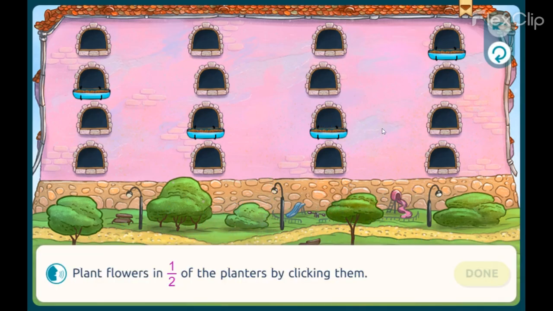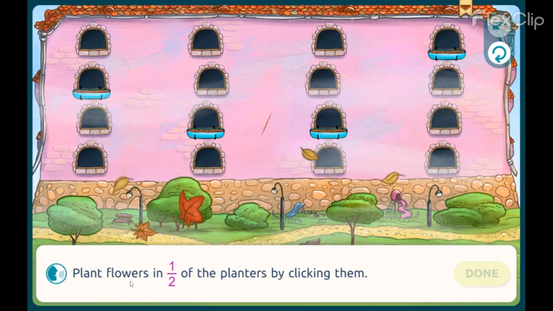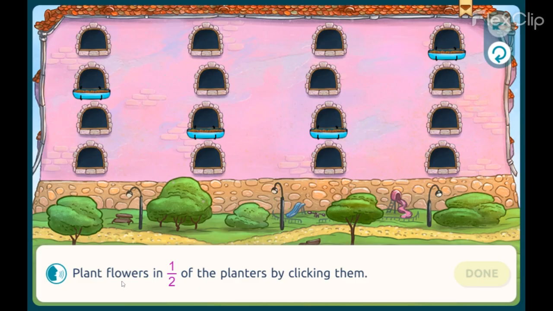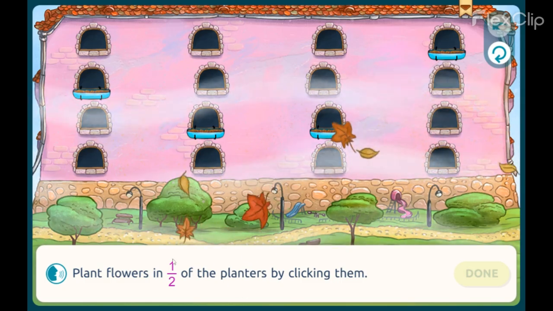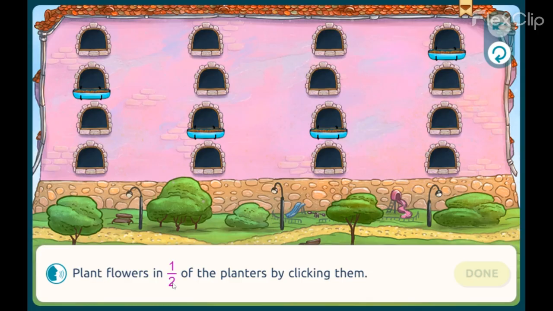All right, 2 more activities to go. Flowers and planters. We have 2 main characters, flowers and planters. We know we have only 4 planters today. At this very stage, only 4 planters have been placed on windows, and we have to fill up only half of them.